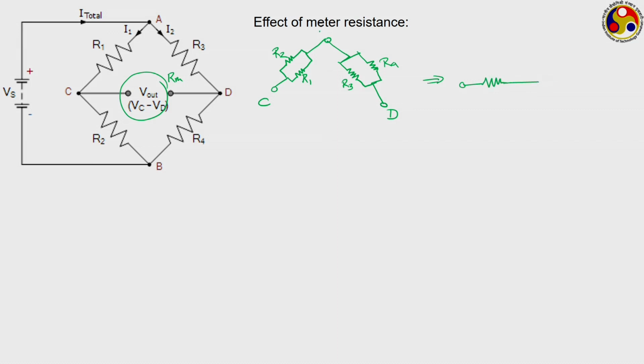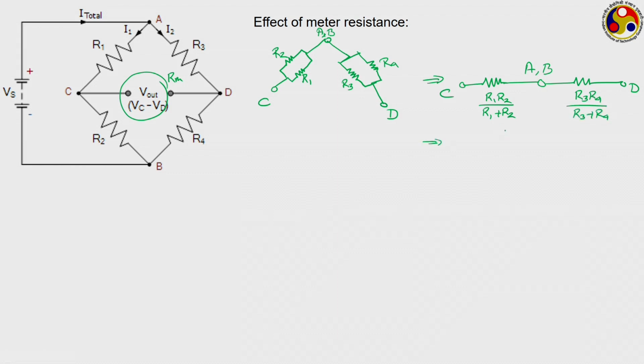This is your point A and B superimposed on each other, so this is the point A or B, this is D, this is C. What will be this resistance? You have R1 and R2 parallel to each other, so this one will be R1 R2 divided by R1 plus R2. Similarly, the other one is a combination of R3 and R4 in parallel, so it is R3 R4 divided by R3 plus R4.